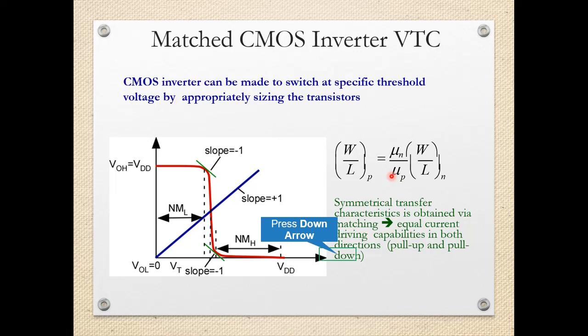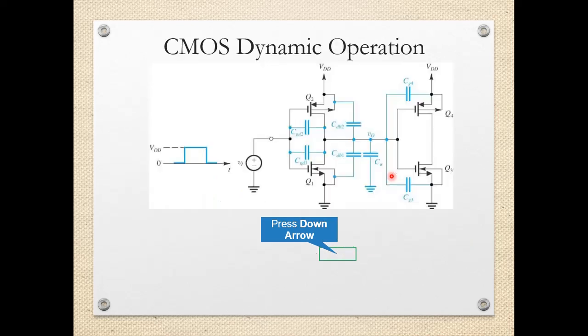A symmetrical transfer characteristic is obtained by matching equal current driving capabilities in both directions. So when these factors are matched, that is the electron mobility and the hole mobility, at that time the matched CMOS inverter VTC can be obtained.